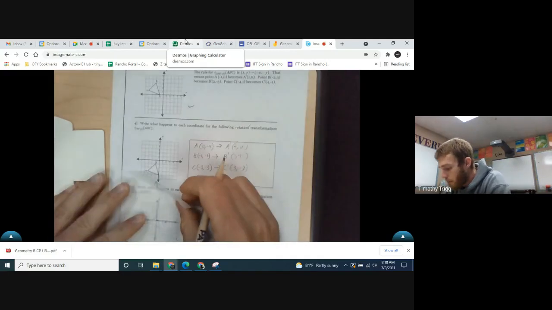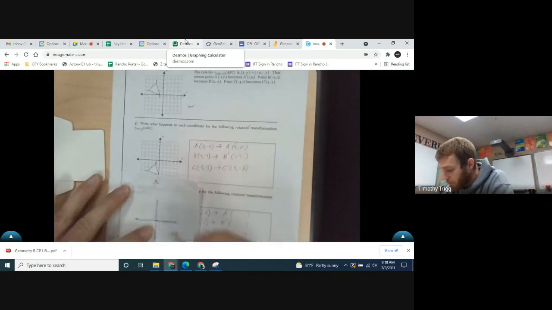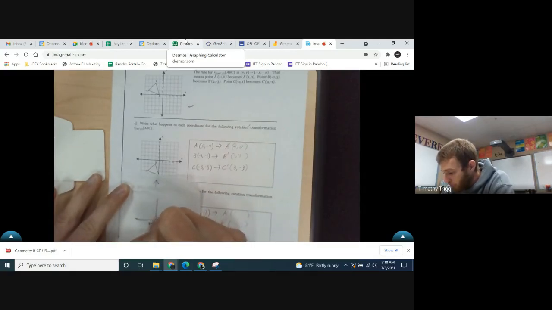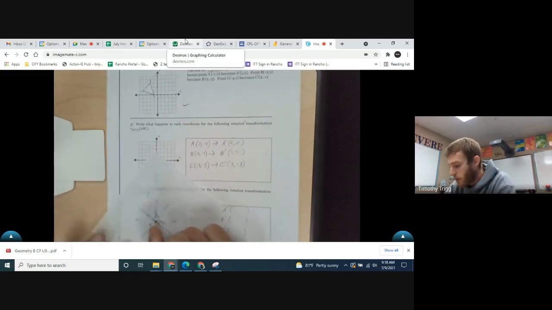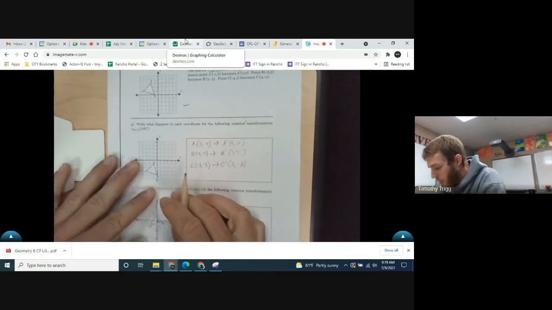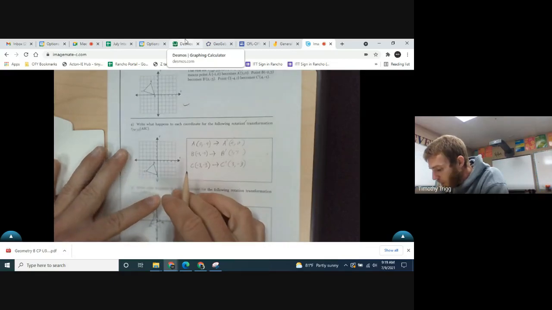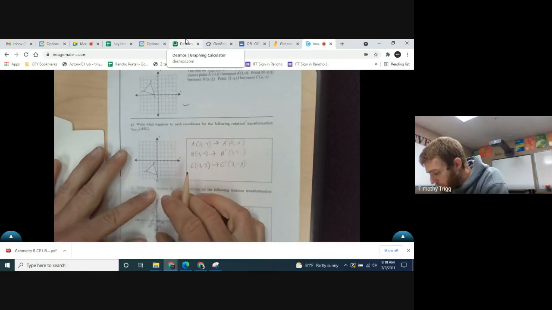So I'm going to put my crosshair over here, and I'm going to rotate 270. I'm going to trace the pre-image, A, B, C, and I'm going to rotate 1, 2, 3 times. I hope you're doing this at home too with all the rotation. I know it's a pain, but if you follow along, it'll make a lot more sense.